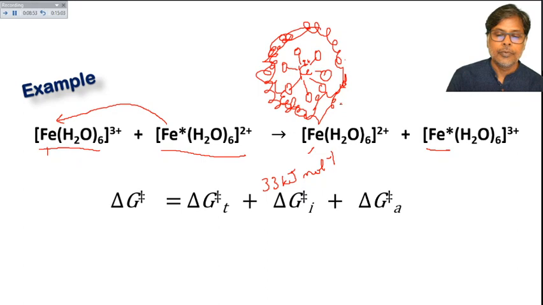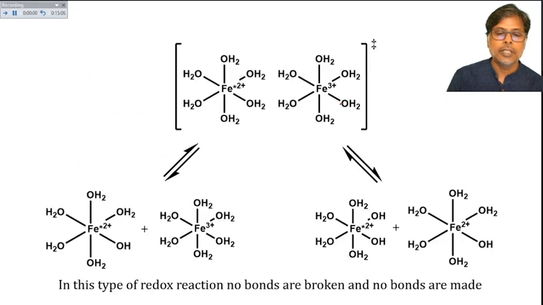Now let us take a look at the pictorial representation of how these bond lengths are going to change. This one is the iron 2 complex, and this one is the iron 3 complex.